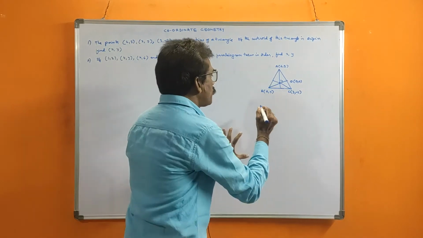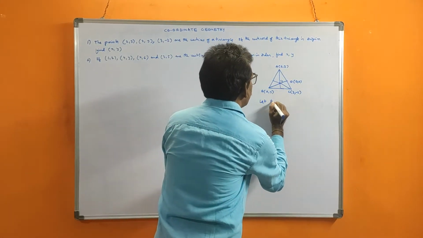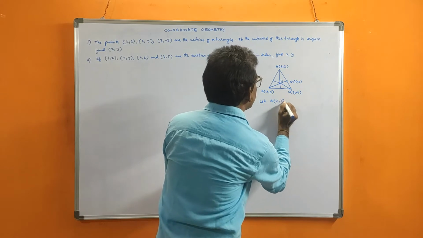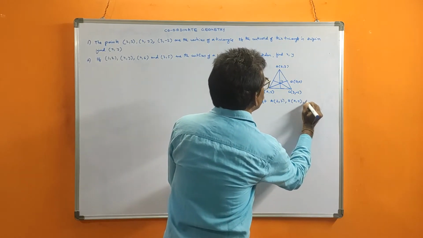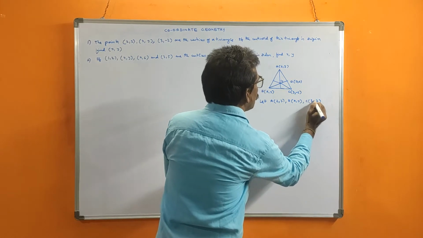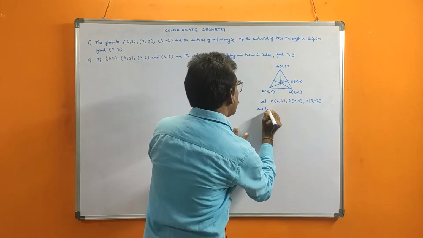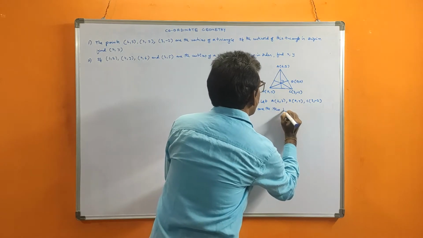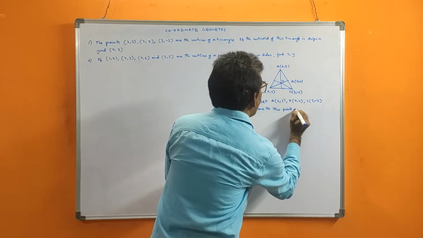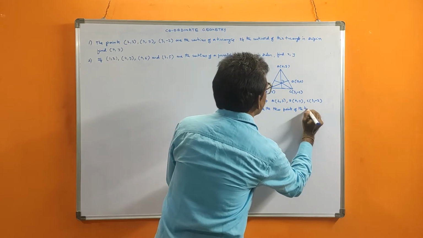Now let A (2, 3), B (x, y), C (3, -2) be the 3 points of the triangle.